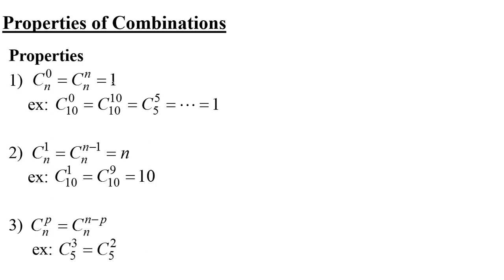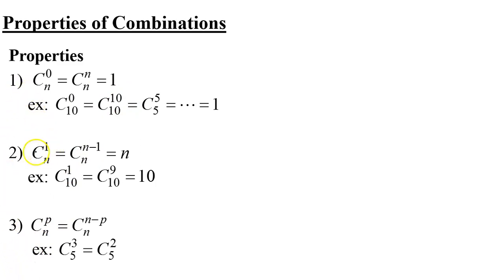So choosing 10 students out of 10 would leave me with exactly one group, which is the same as not choosing any of them. So by not choosing any of them, that would also be one possibility. So whatever the total number of objects is, if the number of selections I'm doing is 0 or equal to the total number of objects, in that case the combination is equal to 1.